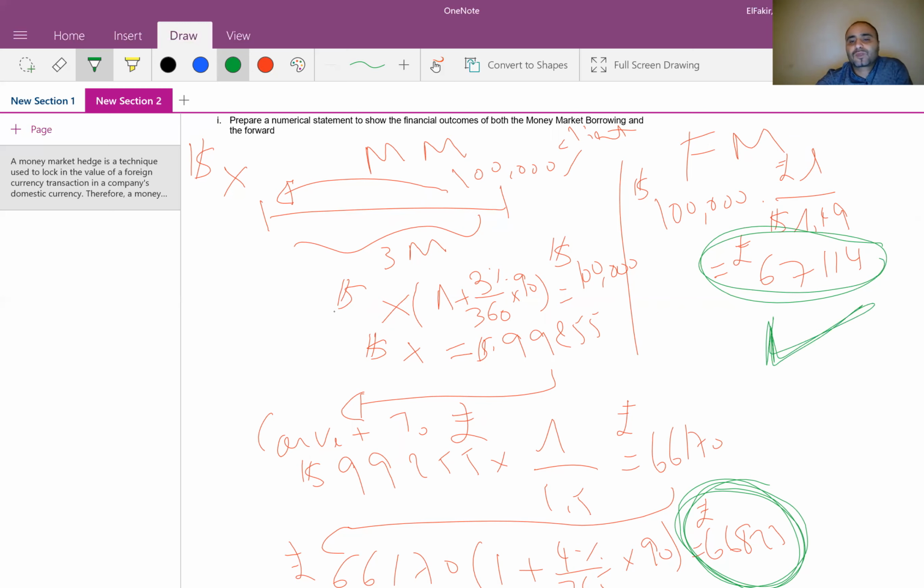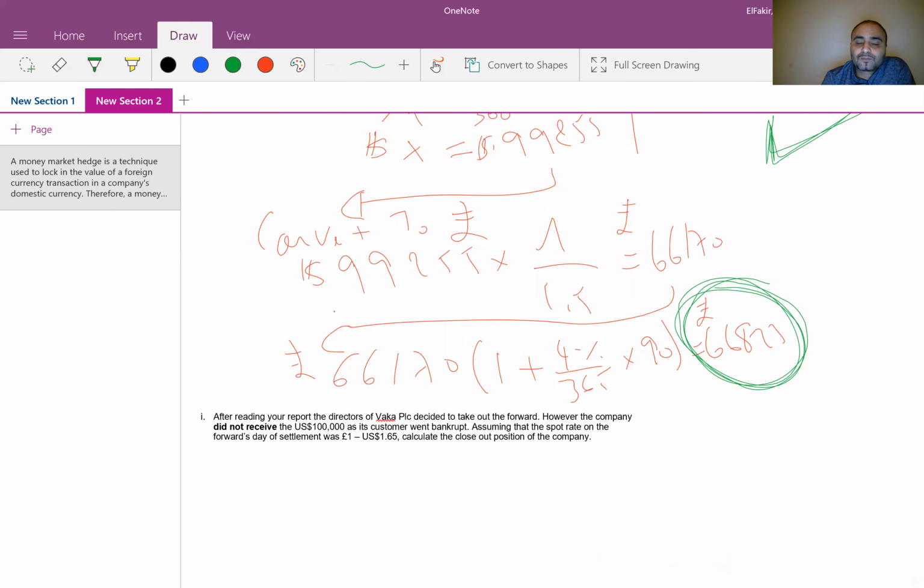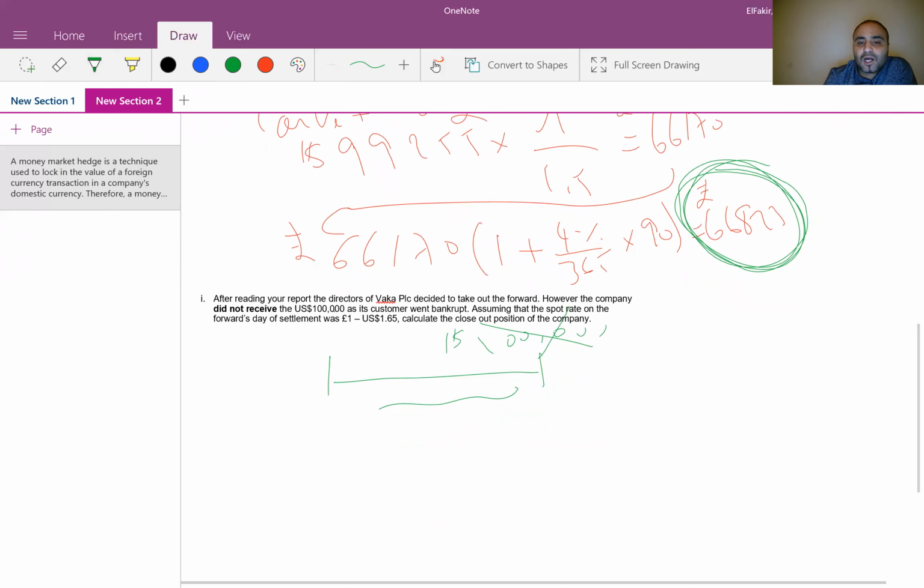Okay. Now, we might have a nasty scenario, which is that after 3 months, we don't receive the money from the client simply because the client has gone bankrupt. Now, in this case, if the company has decided to go with a forward contract, and we remember it is a legally binding contract, then the company needs to give $100,000 to the bank.